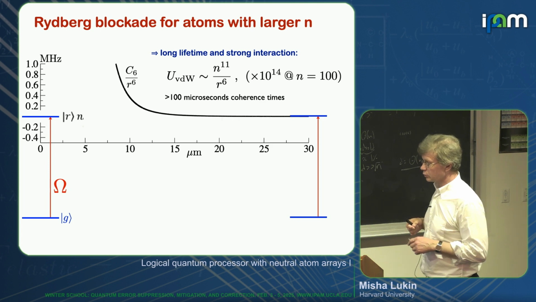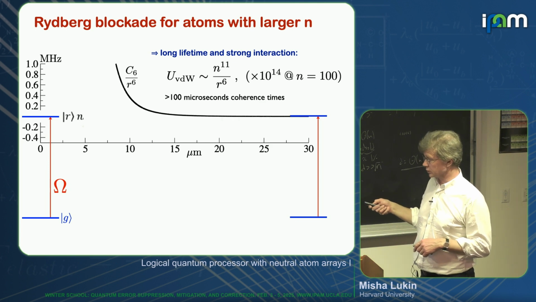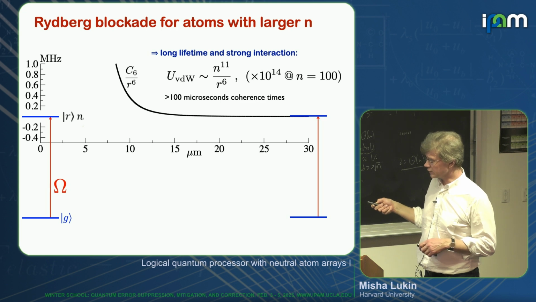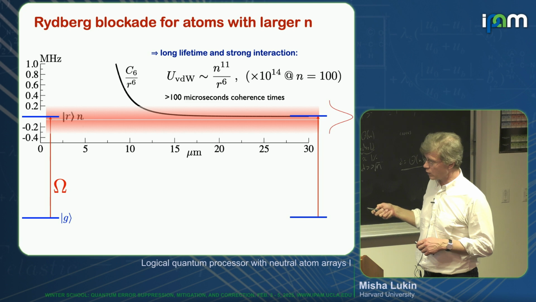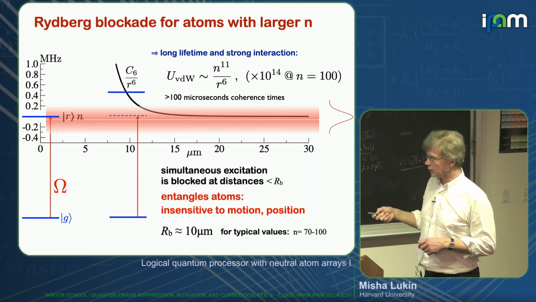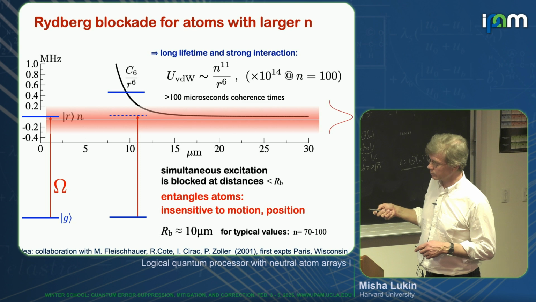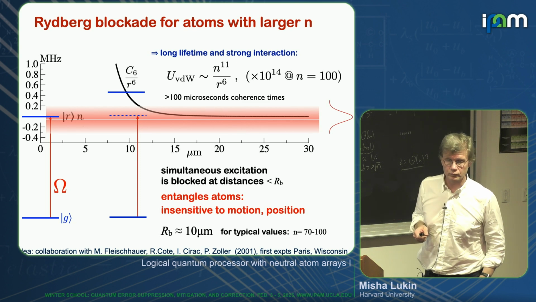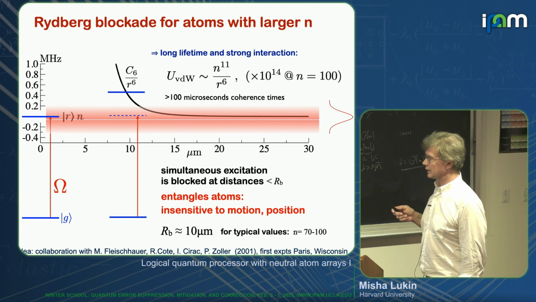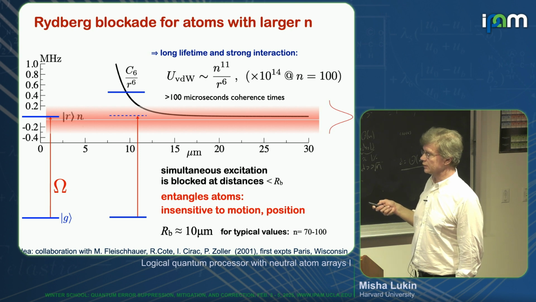However, if you bring them close, then eventually these interactions will take over. And so this doubly excited state will be shifted way out of resonance. If you still try to do this resonant driving, you will be able to excite one atom or another, but never both. That's the essence of the Rydberg blockade.